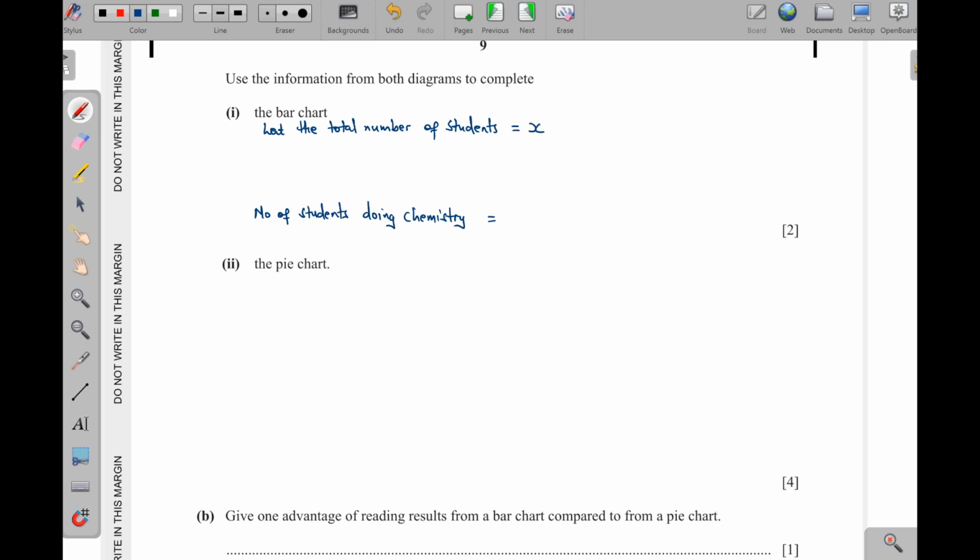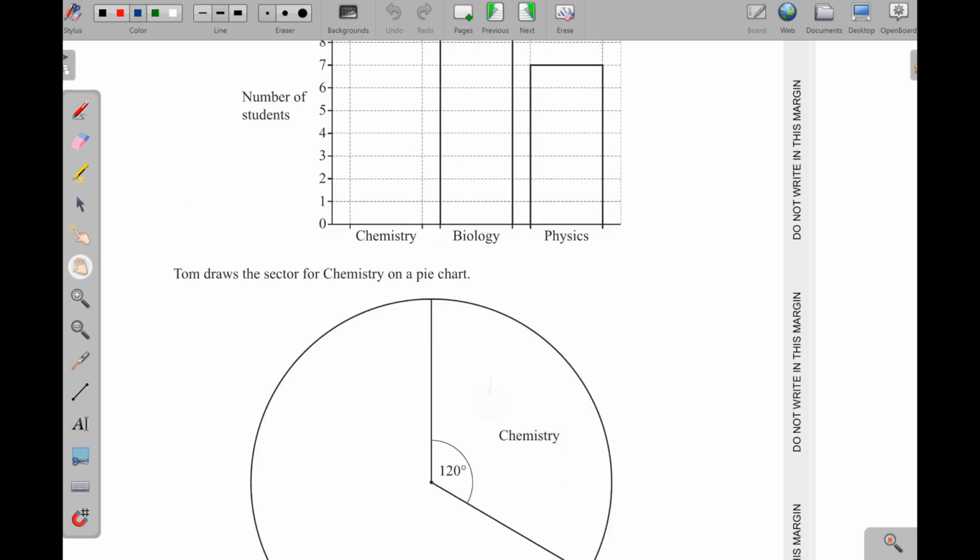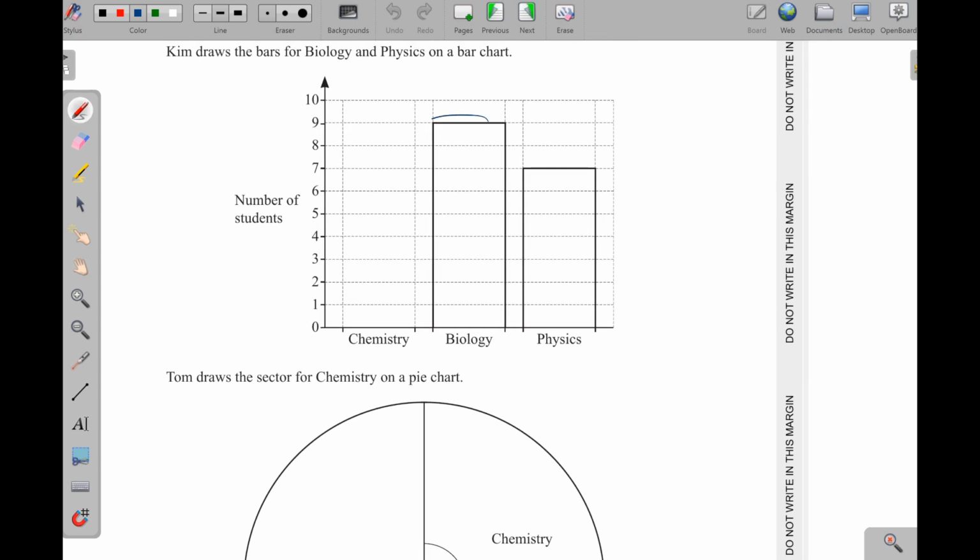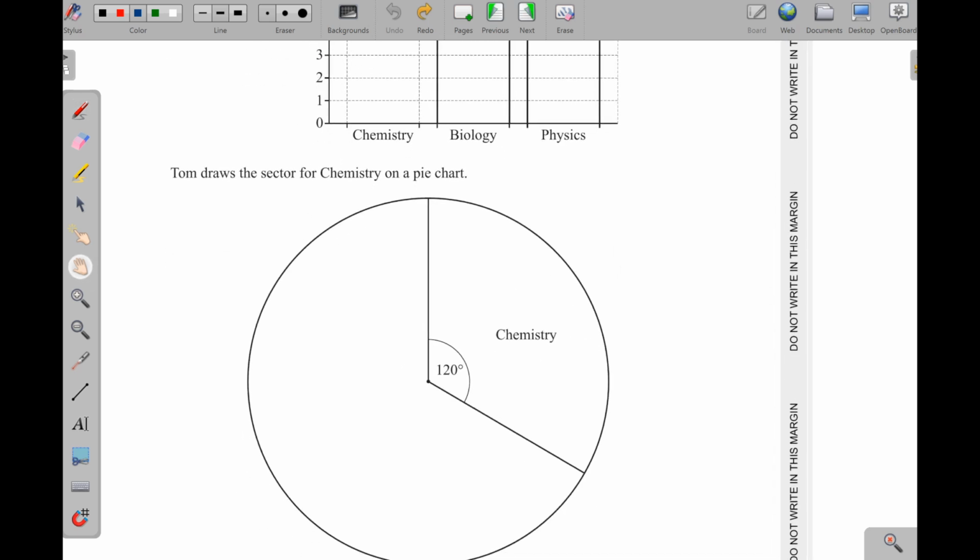Okay, so if it is equal to x, then we have for physics plus biology, we have the 7 and the what? And the 9. We have the 9 here and the 7. So those are 16, not so? But for them, they are the ones that are going to occupy here.